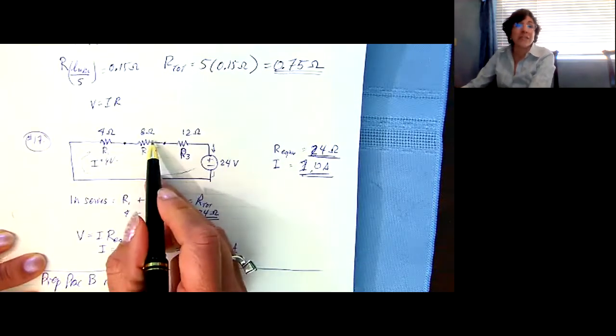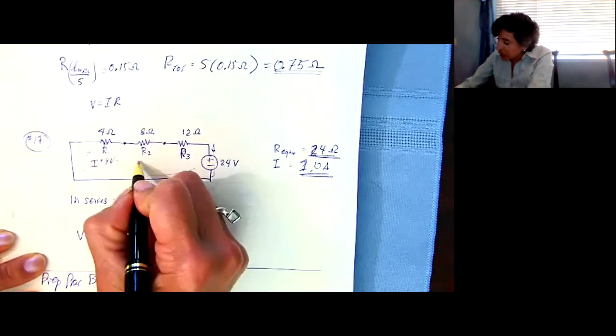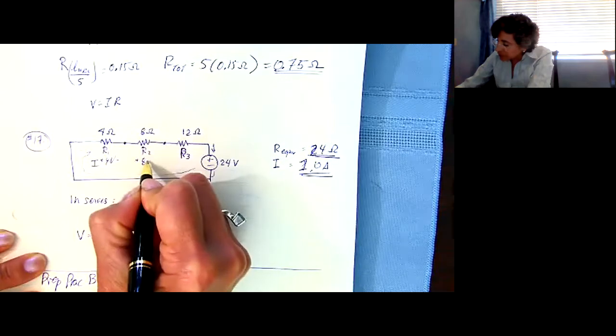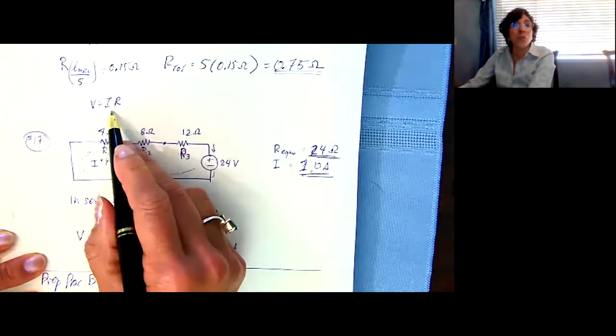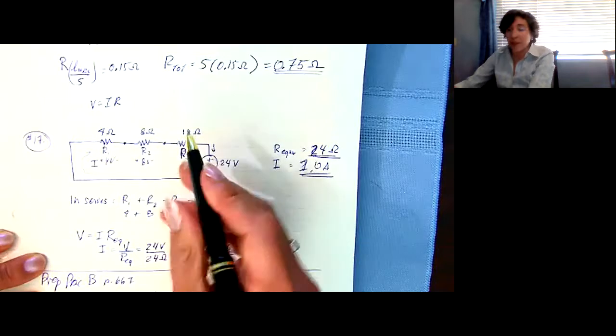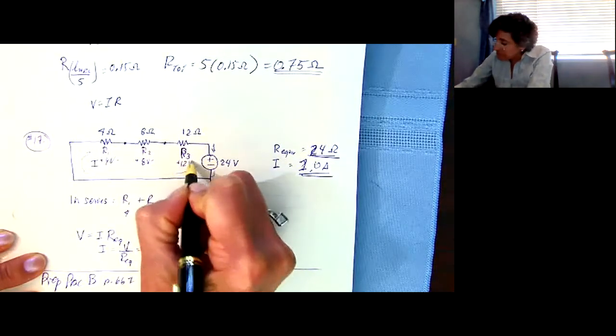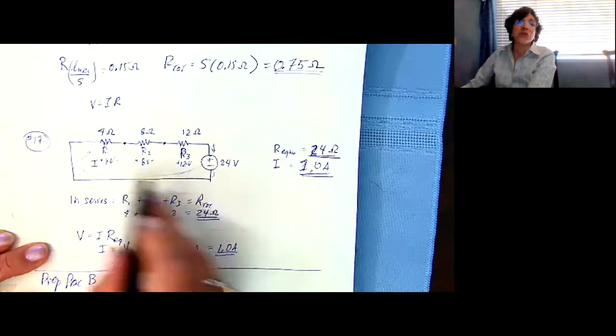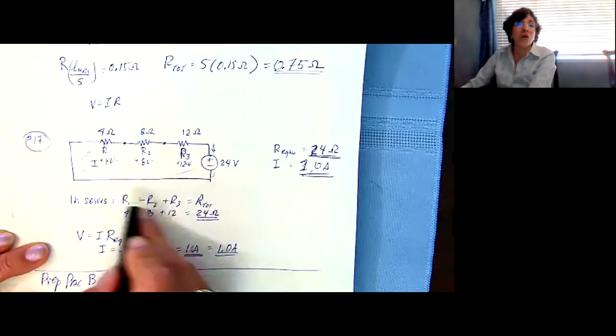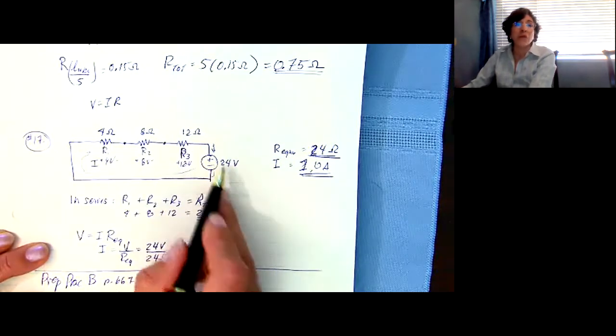Here I've got 8 times 1, so 8 volts across that resistor. And here I've got 12 times 1, so 12 volts. And it turns out that 4 plus 8 is 12, plus 12 is 24, sure enough. So the voltages add up all the way around to the power supply.